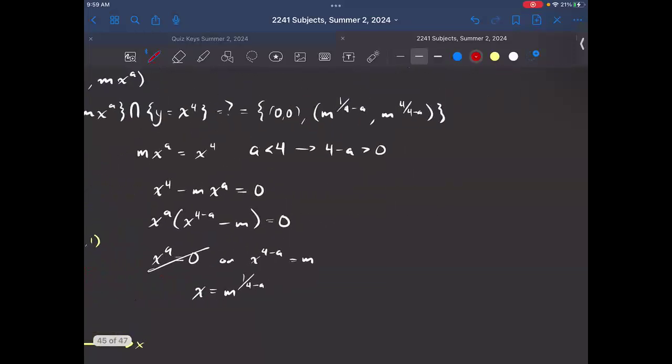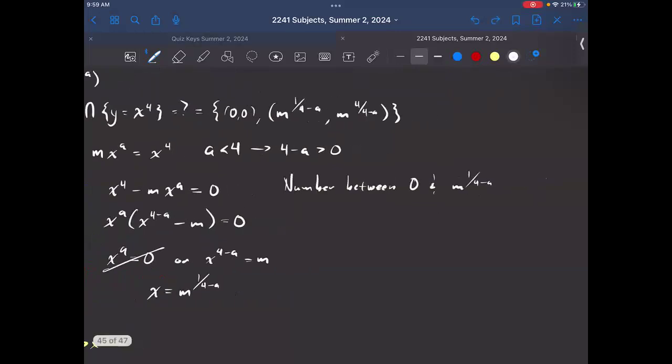So what's a number we need between 0 and m to the 1 over 4 minus a power? Well, okay, the easiest is probably just to take this number and divide it by 2.